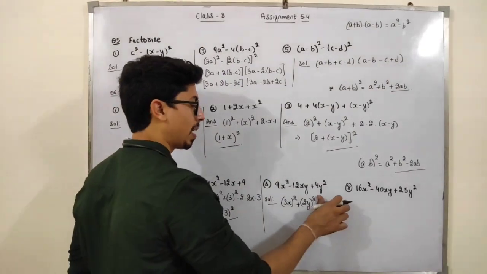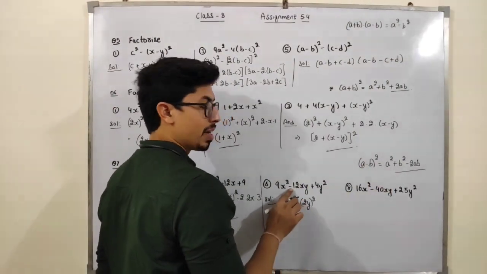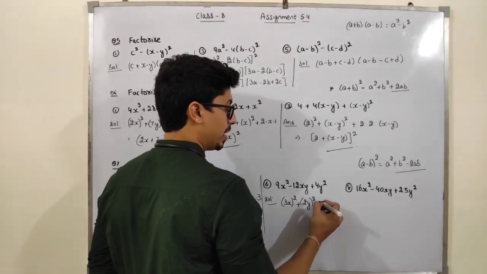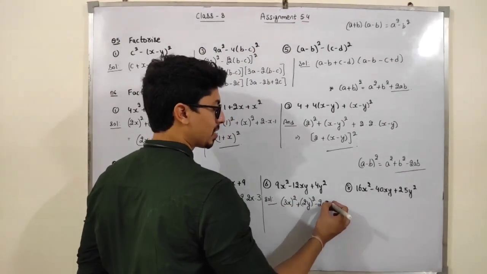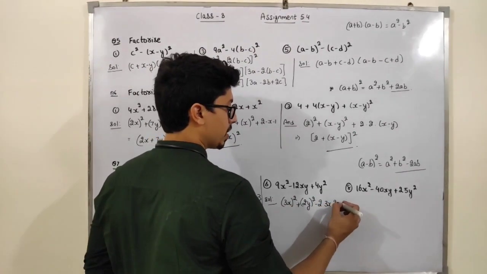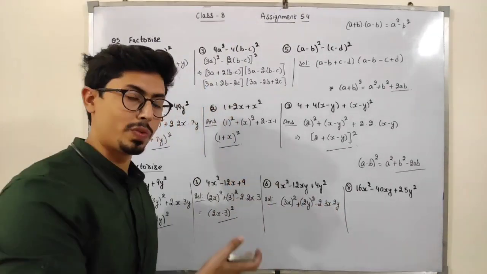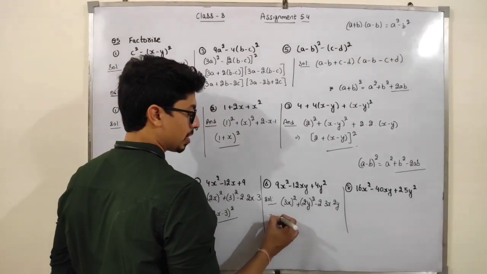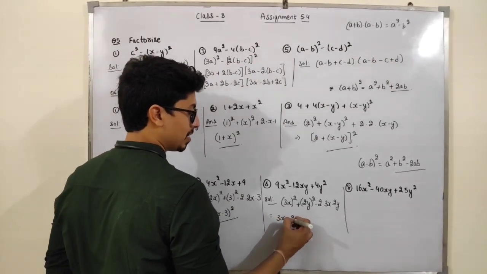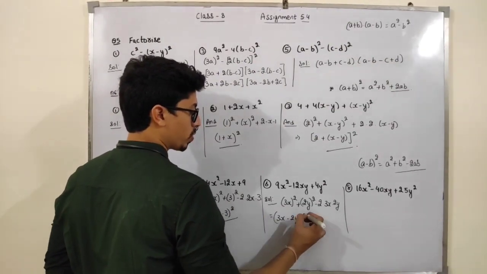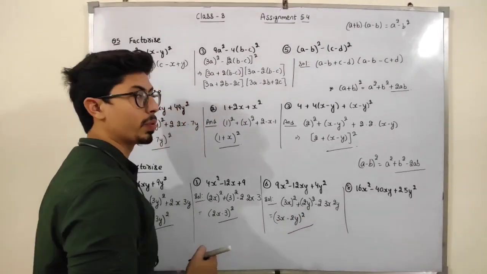Now to complete the formula I want minus 2ab because see, here we have negative, okay? So minus 2ab. A means 3x, b means 2y. So 2 into 2 into 3 is 12, x into y is xy. So now this becomes a minus b whole square. So this is my required answer.